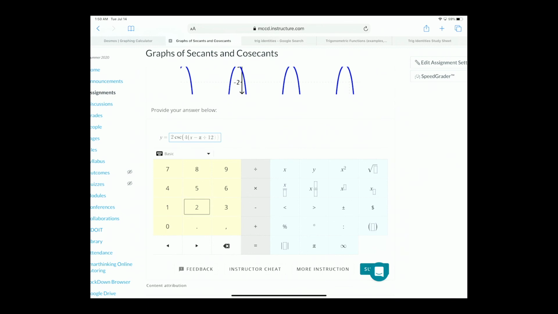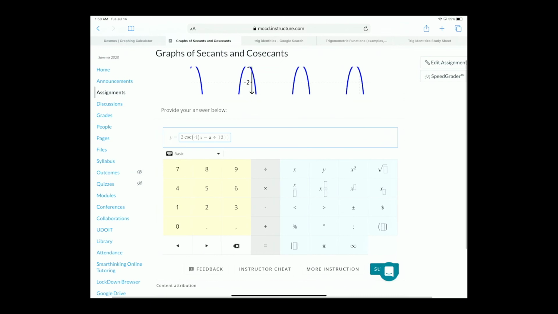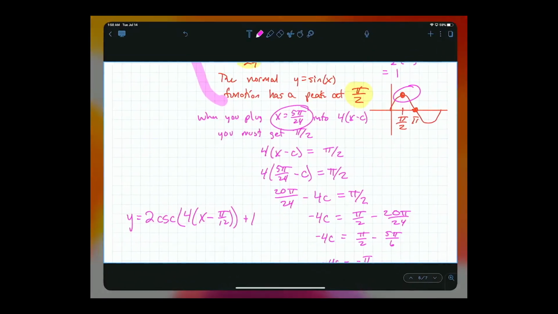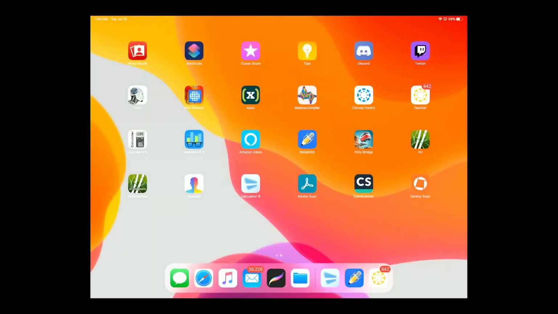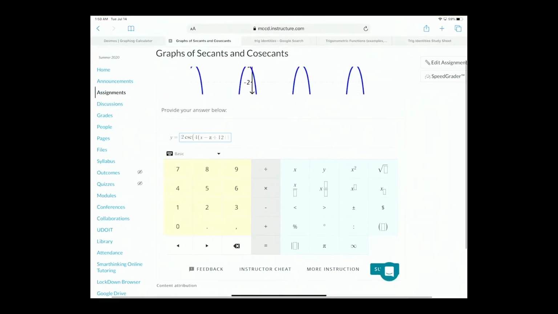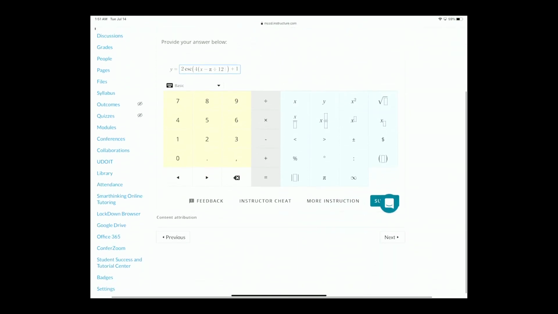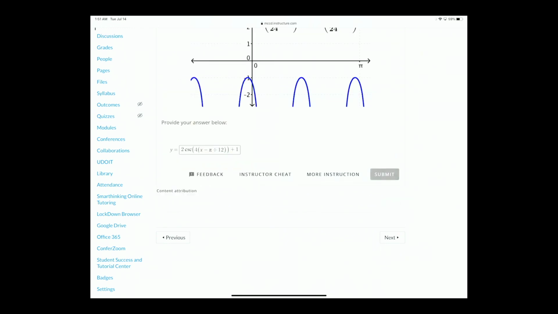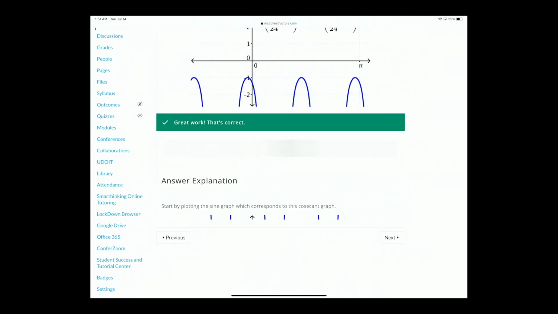And I can't close parentheses, but I can go to the end. And what was the last bit? Plus 1. Is that right? Yeah.